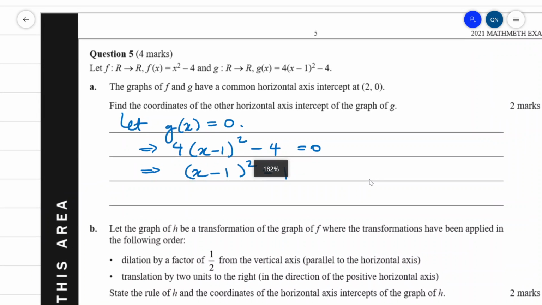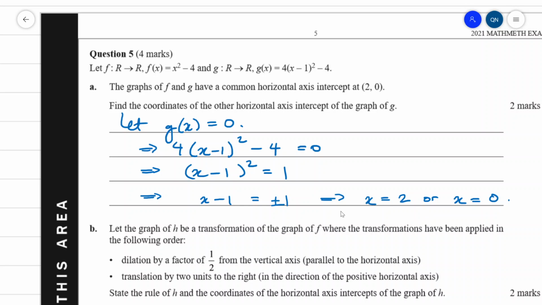And what we can do is we can square root both sides, so x minus 1 is equal to plus or minus 1. So therefore, if you add 1 to both sides, we have x is equal to 1 plus 1, which is 2, or x equals 1 minus 1, which is 0. So they have a common horizontal axis intercept at (2, 0). Okay, that's one of them.